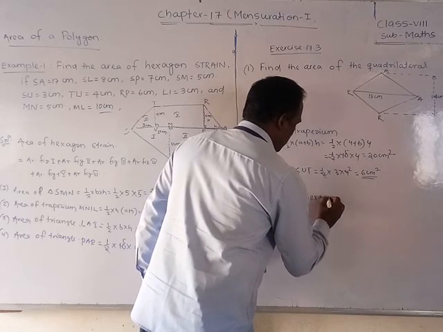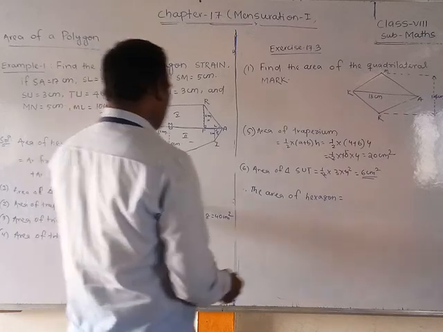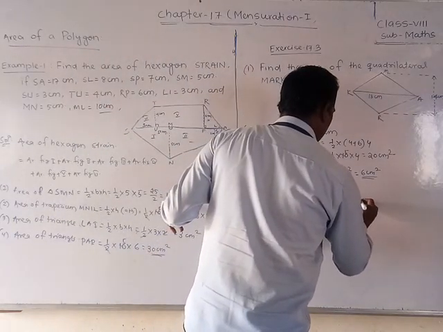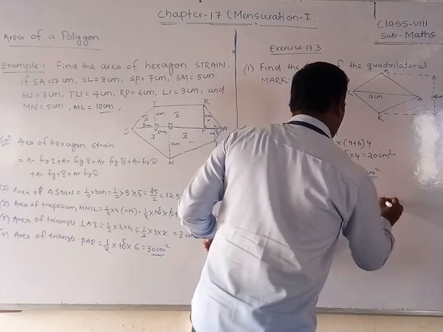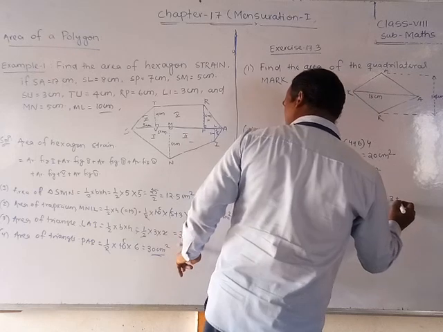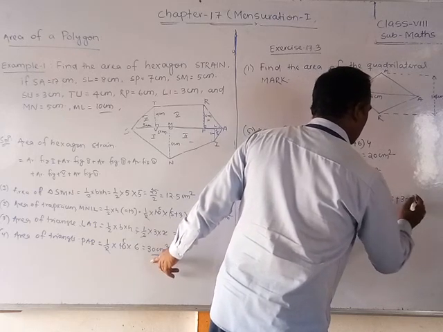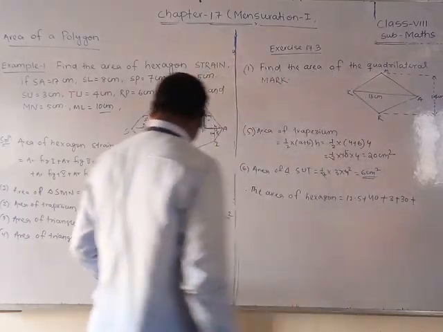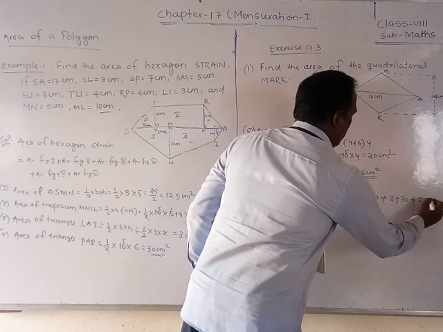Area of hexagon is equal to how much will you get? The total area you have to add: 12.5 plus 40, plus 3 centimeter square, plus 30 centimeter square, plus 20 plus 6.